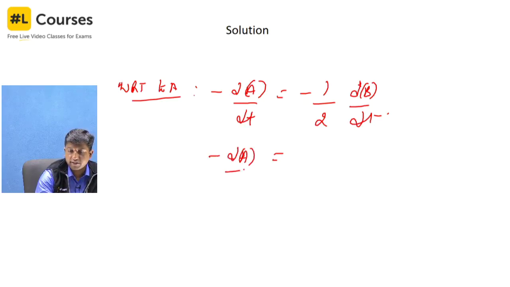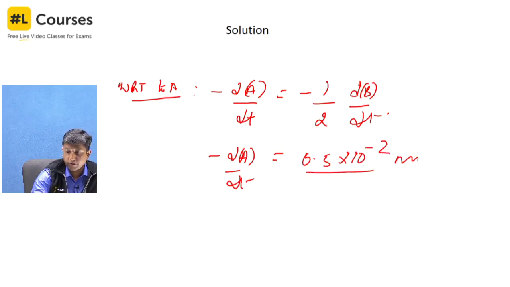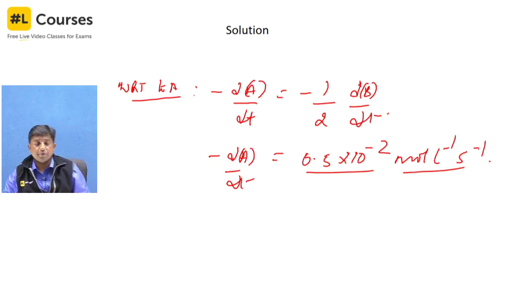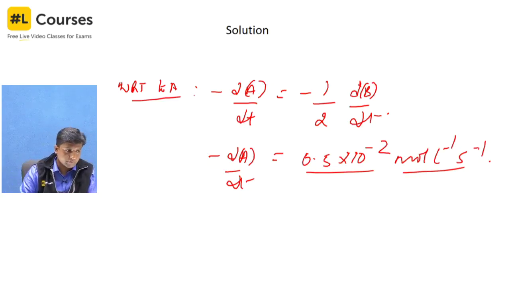So, the disappearance of A will be equal to the disappearance of B, which we already have calculated, which will be equal to 0.5 into 10 power minus 2 mole per liter per second. This is with respect to A, the second part of the problem.